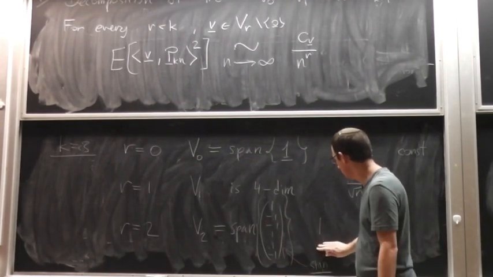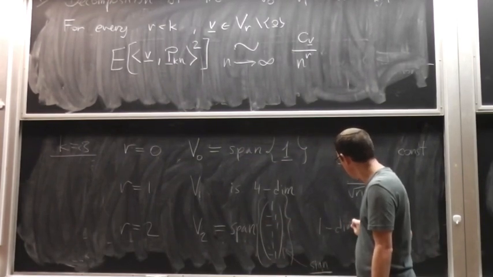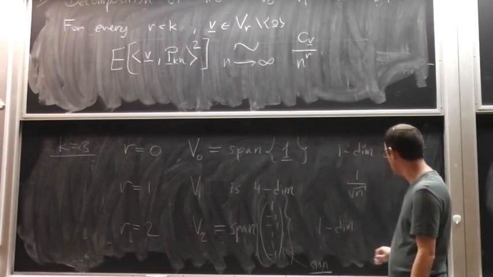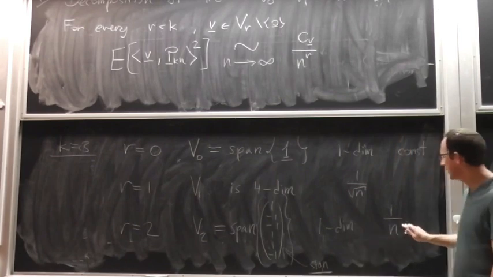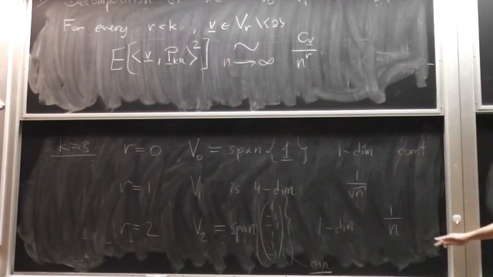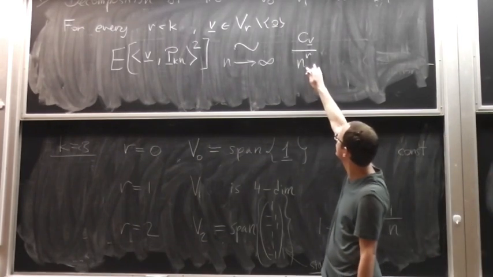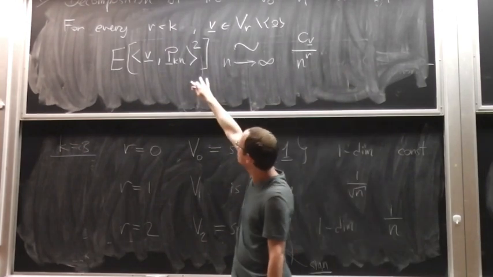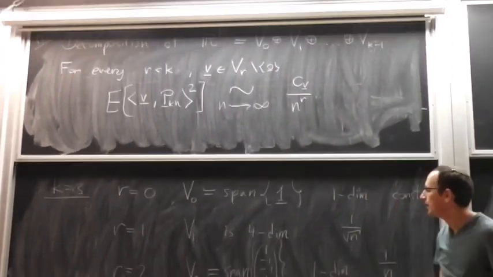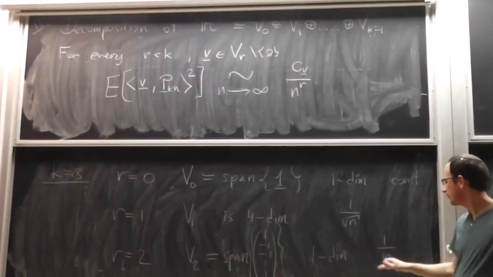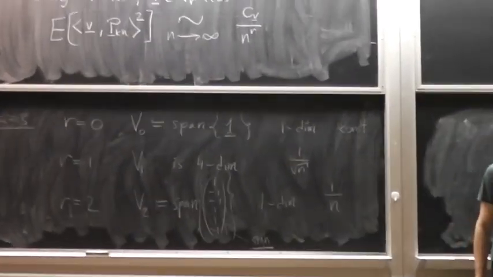And this is also one-dimensional, and the order of magnitude of the projection along this direction is 1 over n, right? Because here we have r equal to 2, and so the order of magnitude is n to the 2. It means that this projection has typical order of magnitude of 1 over n.